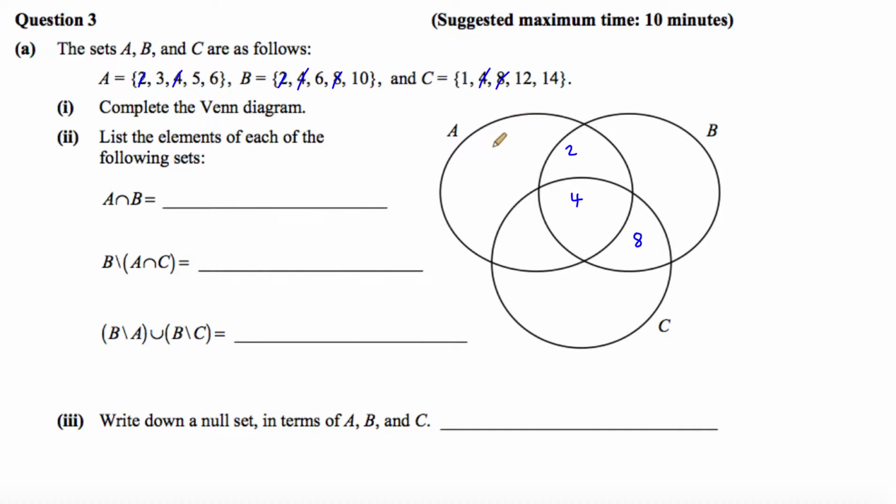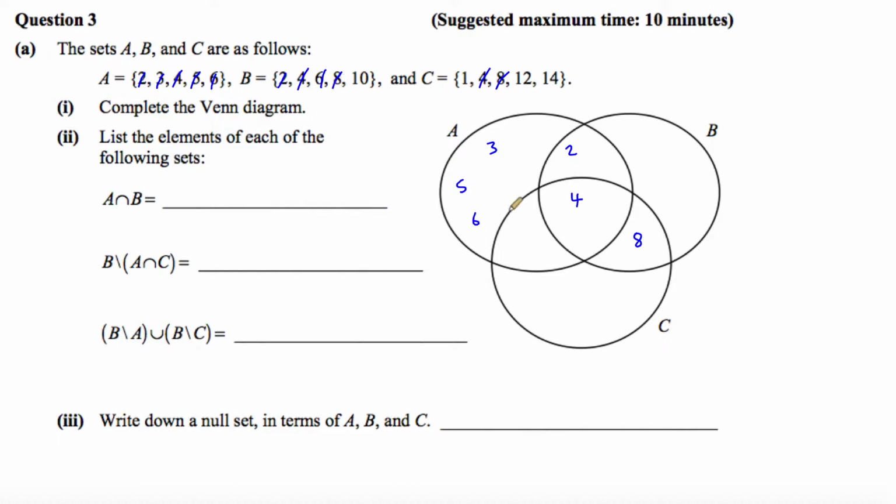The rest of A is 3, 5, and 6. The rest of B is, oh, I've just spotted there that 6 is actually in B as well.